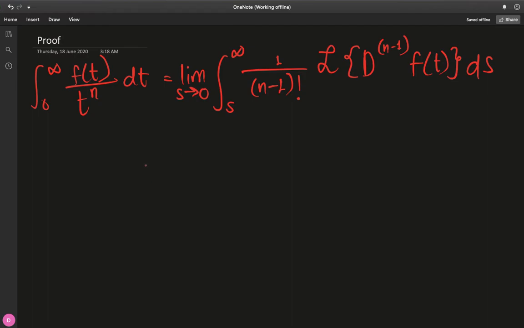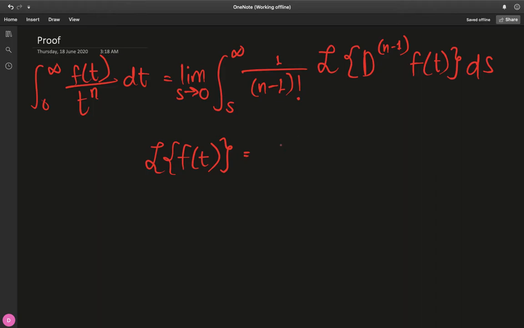So before starting the proof, I would urge you to look at some cases of the Laplace transform. Say you have a function f of t. Basically, the Laplace transform of f of t with respect to s. I mean, in this proof, the Laplace transform is always going to be with respect to s.